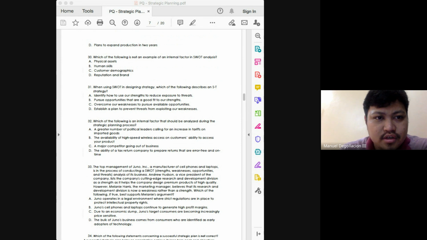31, when using SWOT in designing strategy, which of the following describes an ST strategy? Strength and threat. Strategy, identify how to use our strengths to reduce exposure to threats.